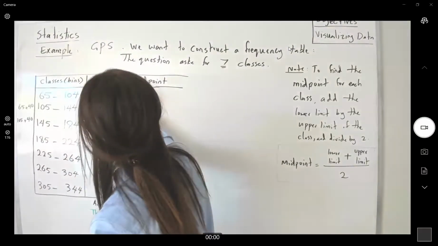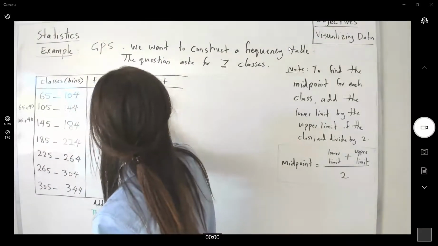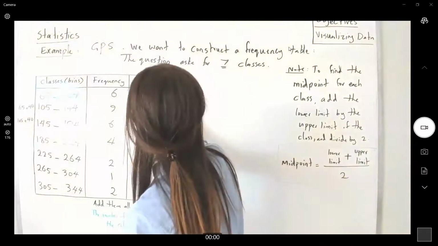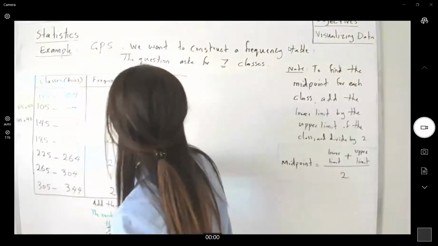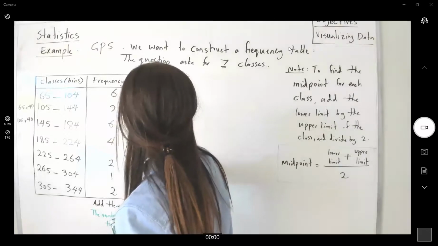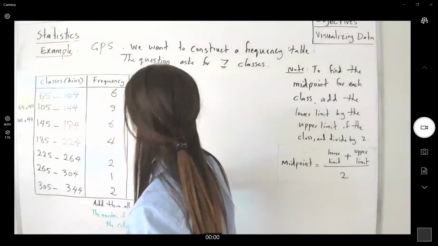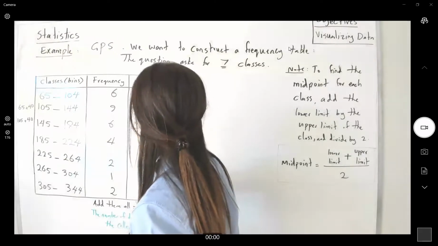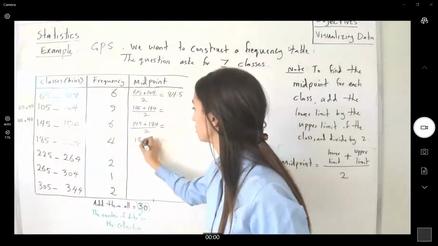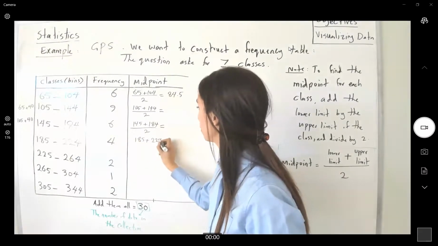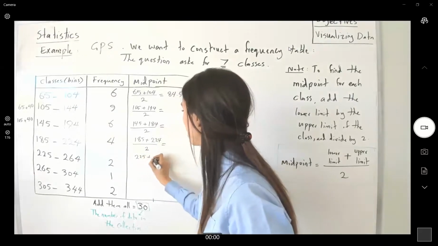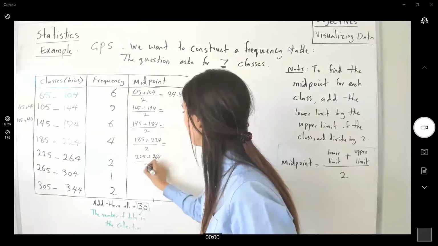So we have 65 plus 104 divided by 2, which is 84.5. Then we add 105 and 144 divided by 2. Then 145 plus 184 divided by 2. Then the lower limit and upper limit, 185 plus 224 divided by 2. 225 plus 264 divided by 2.